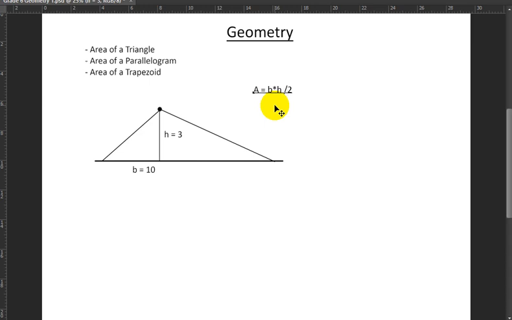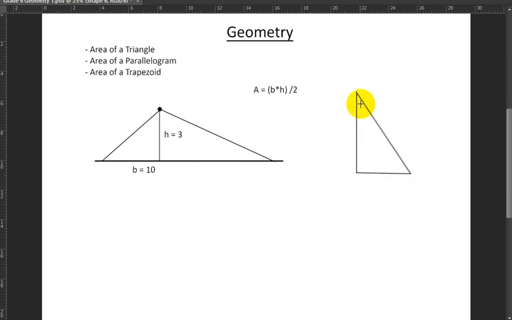It's the same thing, you might notice, as with the right triangle. What's the difference though? So here we have a right triangle.